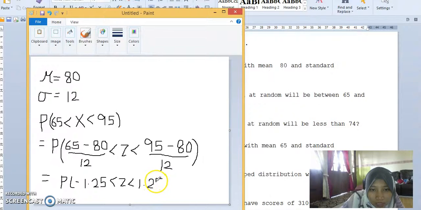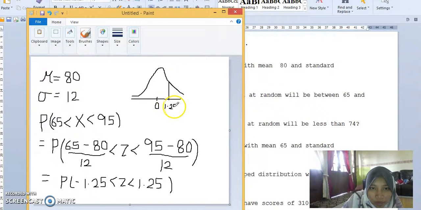Okay, now if you have a look at the Z value, you can sketch the graph of your normal distribution. So if this is 0, this is 1.25, because it's like a ruler.